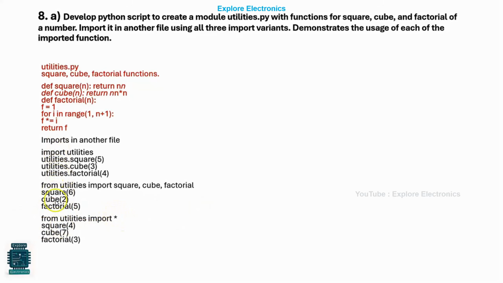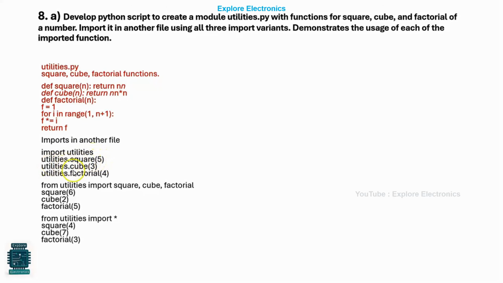I'll explain only one out of these, that is import utilities, which means importing the entire utilities module. Here utilities dot square of 5 calls the square function from the utilities module with the argument 5.